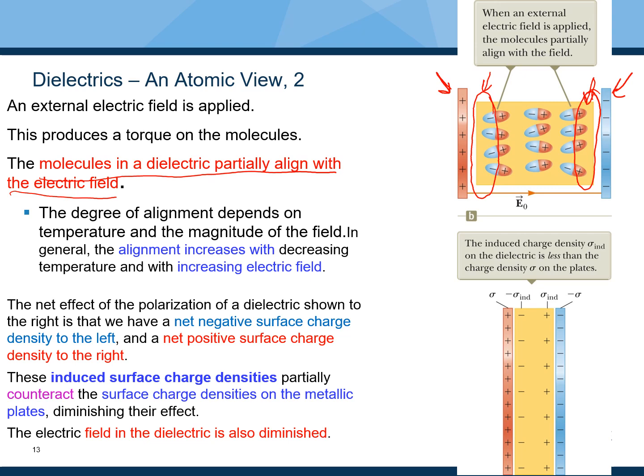On the other hand, if the external electric field is made stronger, then the alignment will indeed increase with the strength of the external electric field. And so we have the net effect that you have a situation where a net positive surface layer of charge is built up at the right boundary of this dielectric.